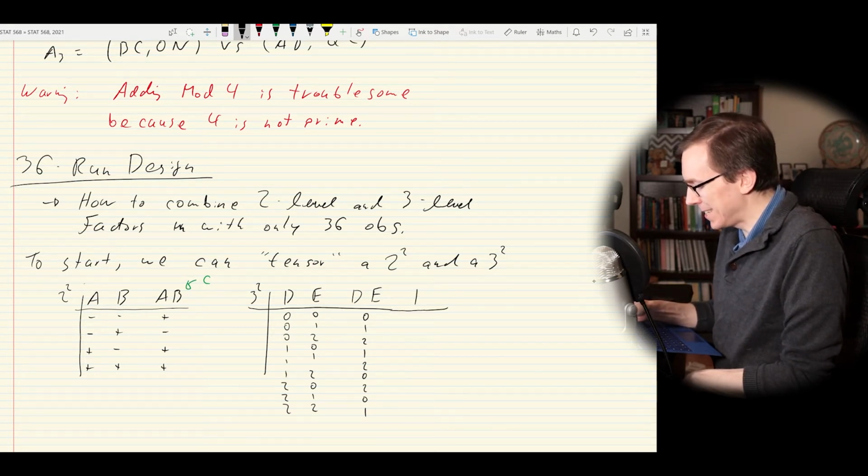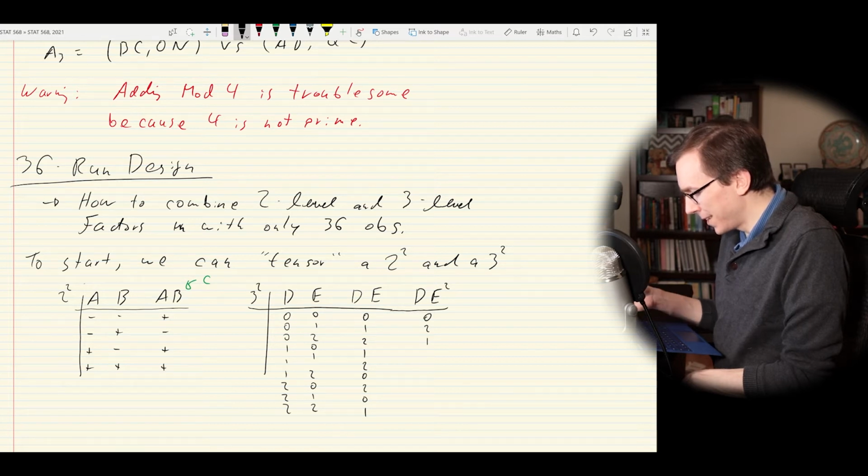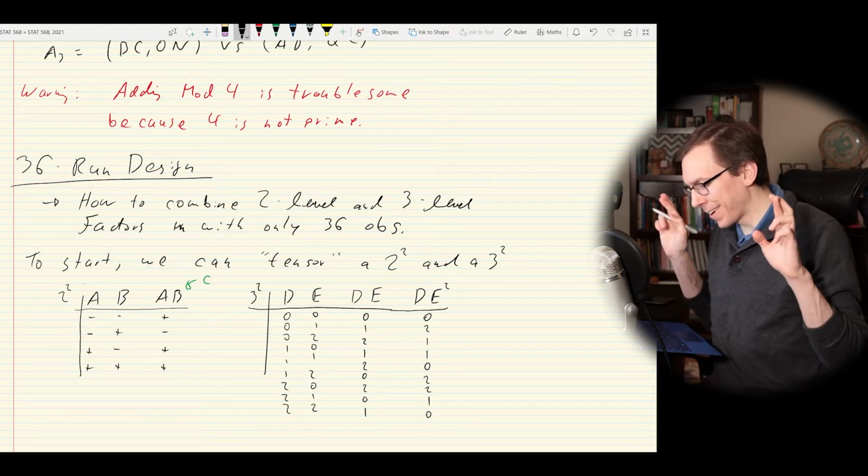Yeah, there's another column, DE squared. So if we just go back here, then it's 0, 2, 1, and I guess 1, 0, 2, and it is 2, 1, 0, if I got that right. Let's hope I got that right.